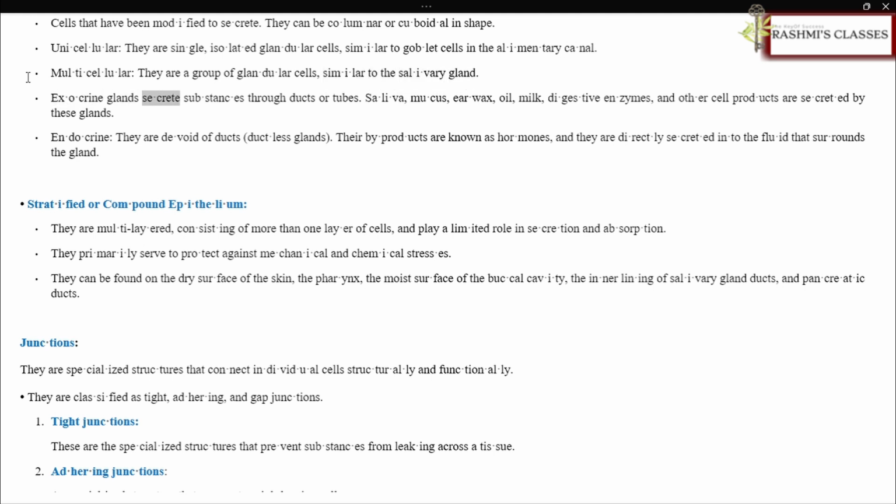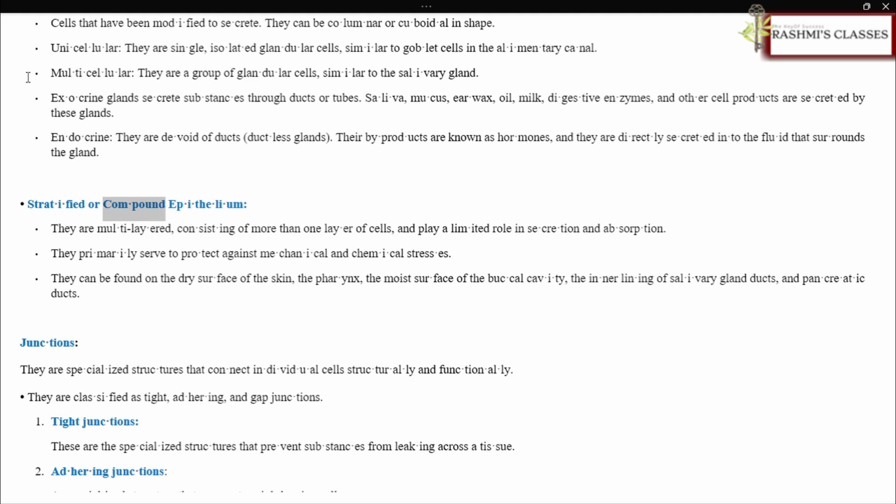Exocrine glands secrete substances through ducts or tubes. Saliva, mucus, earwax, oil, milk, digestive enzymes, and other cell products are secreted by these glands. Endocrine glands are devoid of ducts, that is, ductless glands. Their byproducts are known as hormones, and they are directly secreted into the fluid that surrounds the gland.